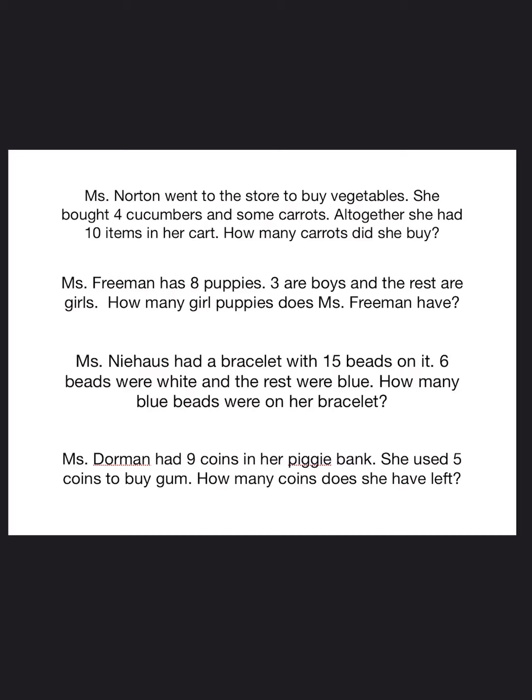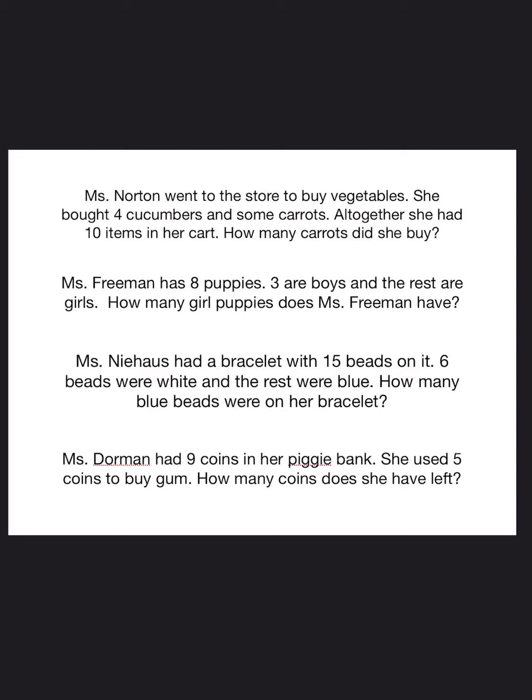This last equation is a little bit different, so you need to pay close attention to it. Miss Dorman had 9 coins in her piggy bank. She used 5 coins to buy gum. How many coins does she have left?